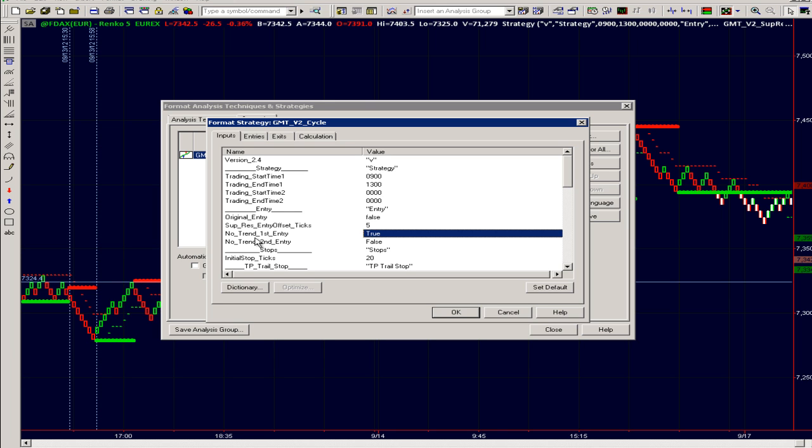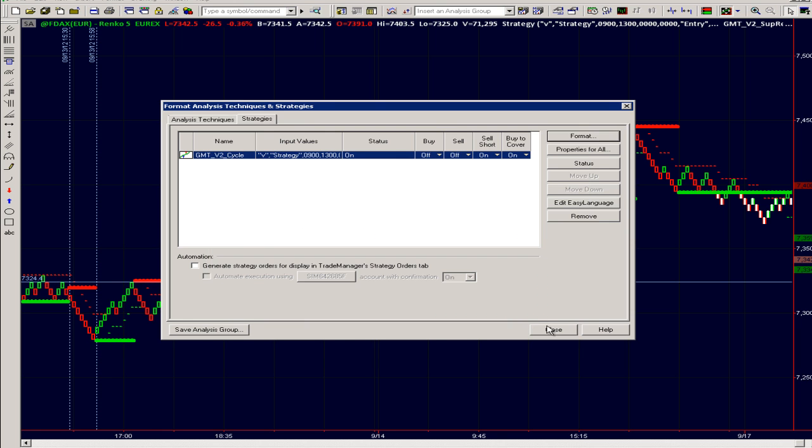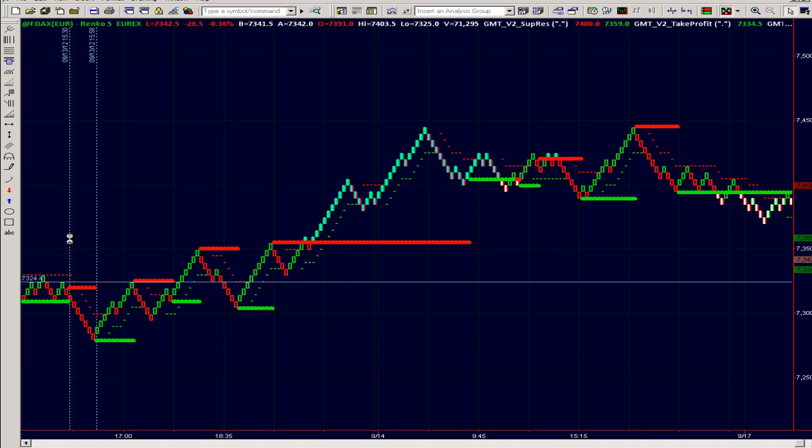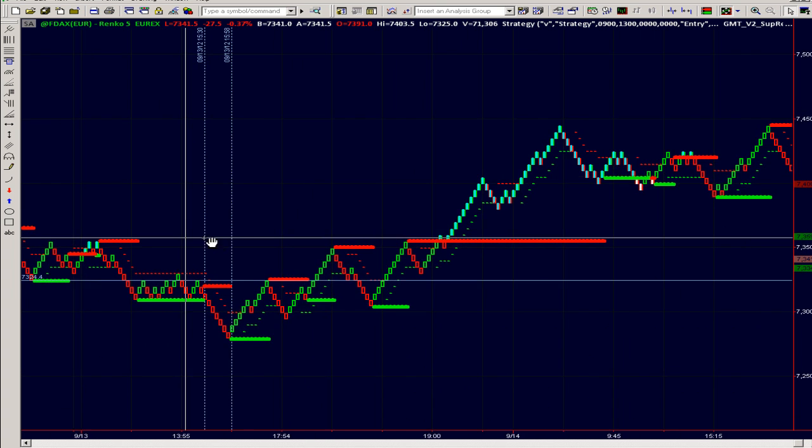The white bricks or the cyan bricks tell us the trend is on. So if there's no trend, this thing's going to take the first entry if it's turned on.